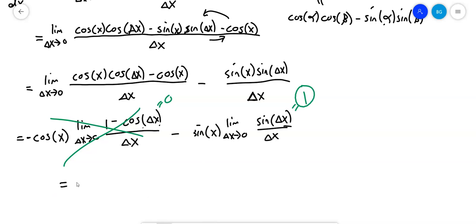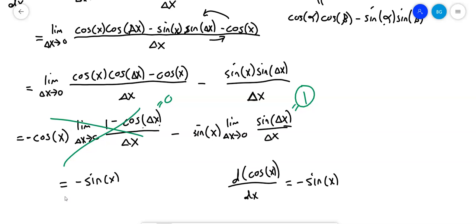So this whole thing is just equal to minus sine of x. And so the derivative with respect to x of cosine x is simply negative sine x. So there you have it. The derivative of sine is cosine, and the derivative of cosine is negative sine.